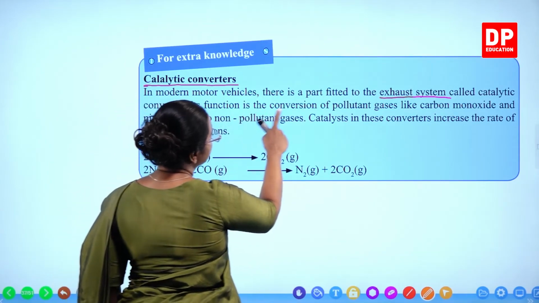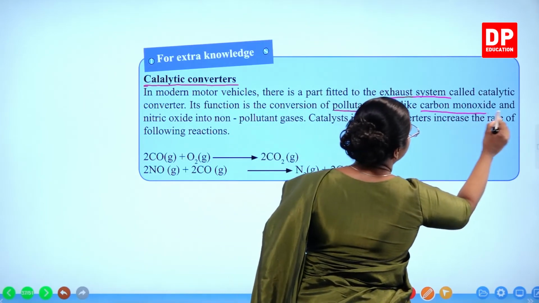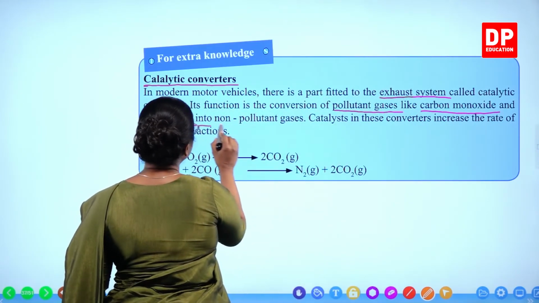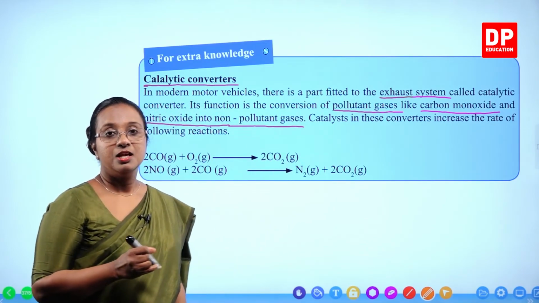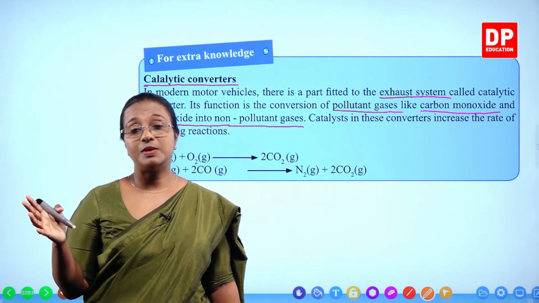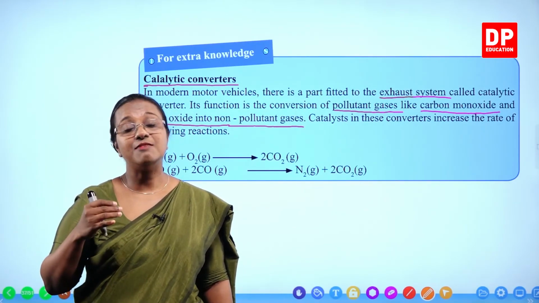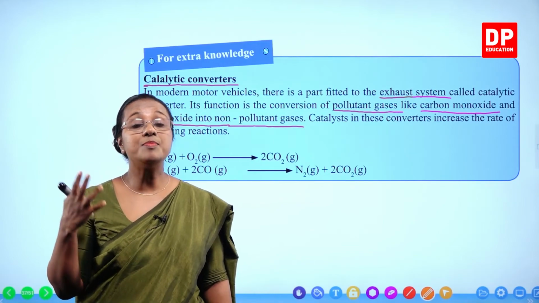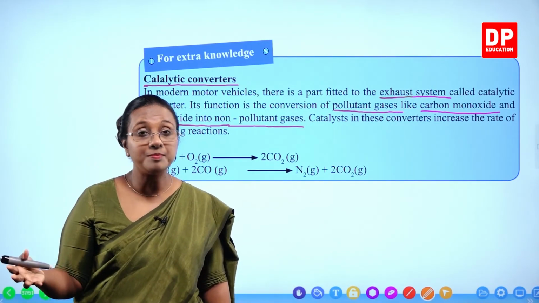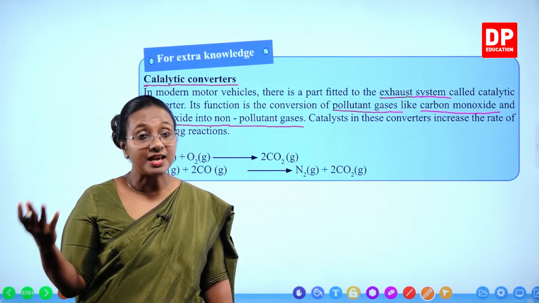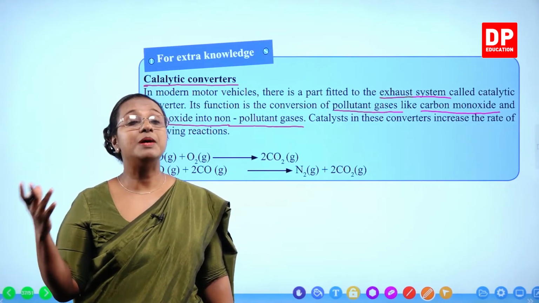Its function is the conversion of pollutant gases like carbon monoxide and nitric oxide into non-pollutant gases. So, what are pollutant and non-pollutant gases? A gas, if it is there in the environment, if it can harm the environment, the people, the animals, plants, if it has a toxic, poisonous property, then it becomes a pollutant.